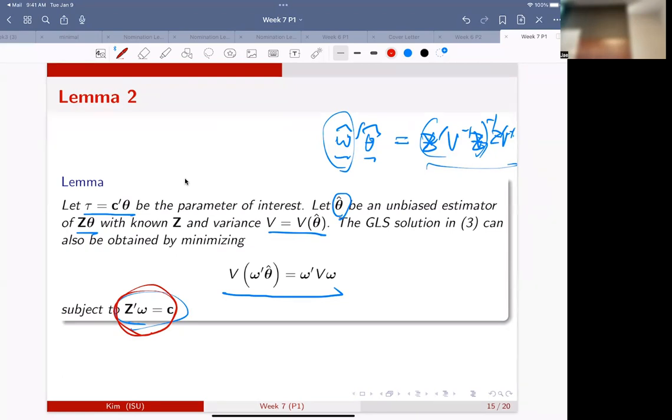Yes, you mean the mean structure, right? That's very good. So actually, this is another way of writing the GLS, essentially. Why?